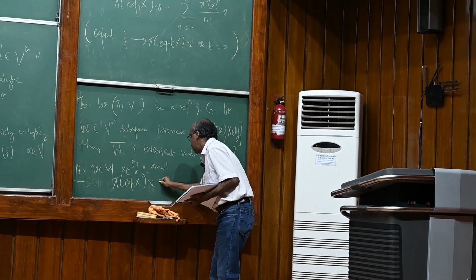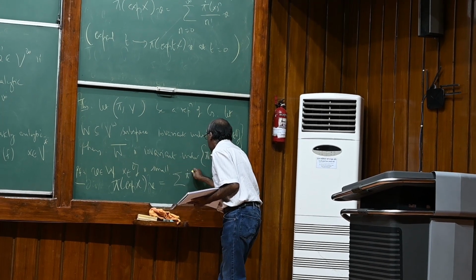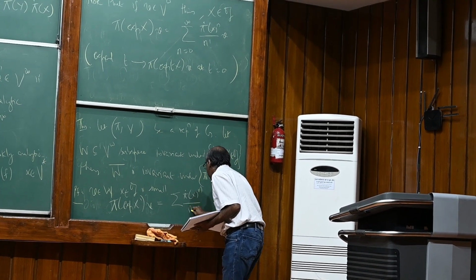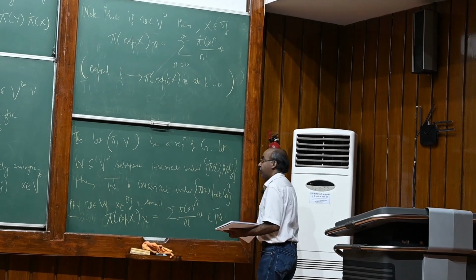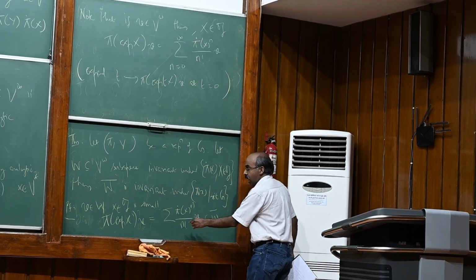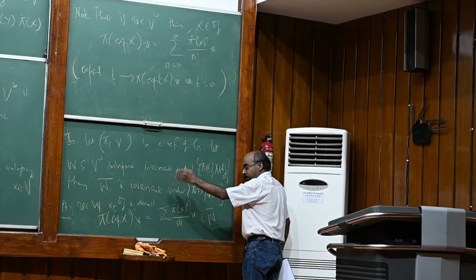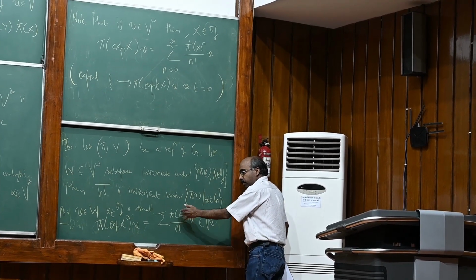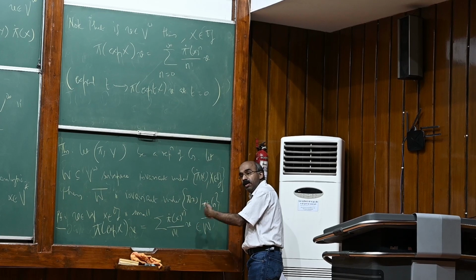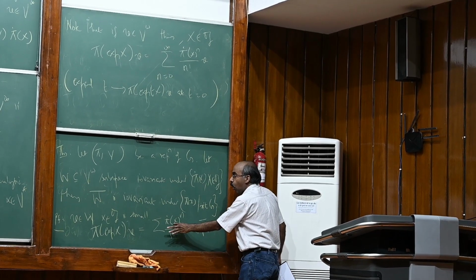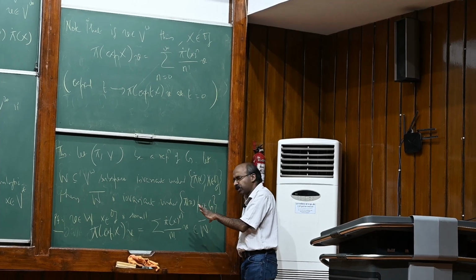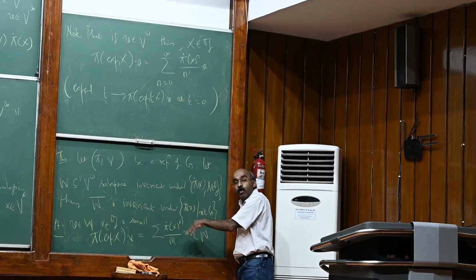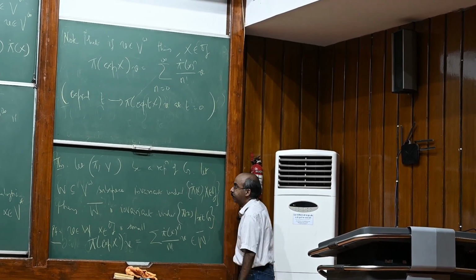Because of the Taylor series, I have the sum of pi dot of x to the n over n factorial applied to v, and this will of course belong to W closure, right? Because pi dot of x leaves W invariant. So any power of pi dot of x will also leave W invariant. So all the pi dot of x to the n v are in W. So when I sum up, I'm going to be in W closure, right?